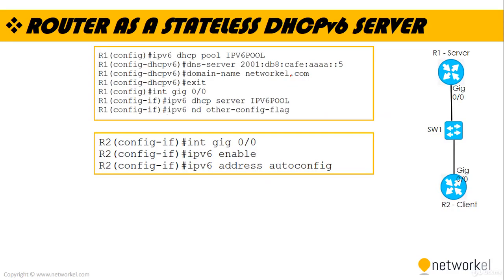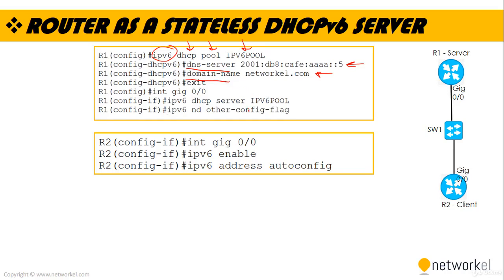We can use our router as a DHCP server in IP version 6 networks too, similar to IPv4. In this configuration, router 1 offers the DNS server and domain name, as you can see. First, we define a pool again by typing ipv6 dhcp pool and the name of the pool, and we define the DNS server and the domain name.